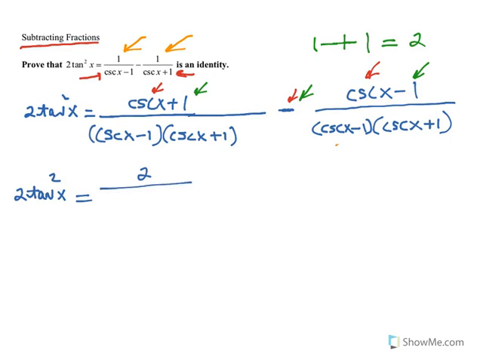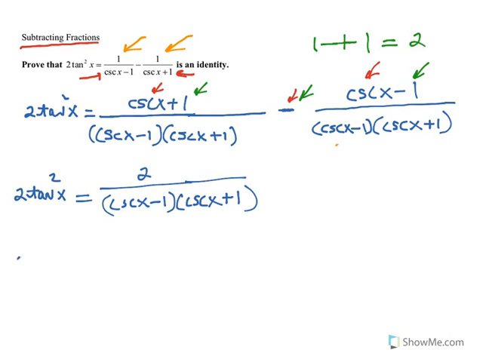And we're probably going to need to, well, let's just put it over this. This is our first one. Let's not do too many steps at once. So cosecant of x minus 1, and then cosecant of x plus 1. So now we have 2 over that common denominator, and then we could multiply together those binomials in that common denominator.